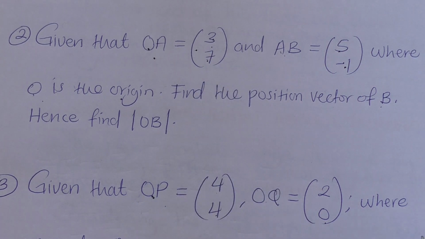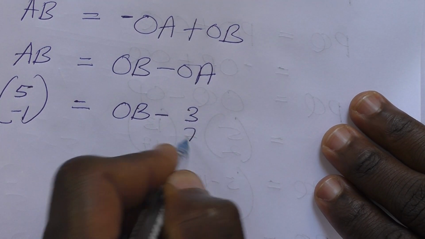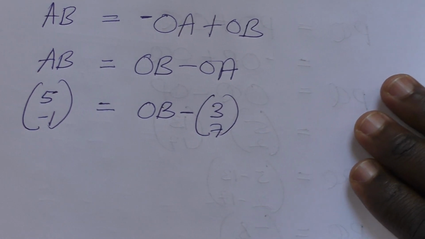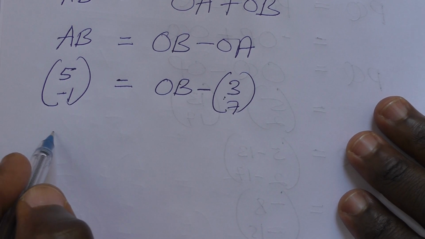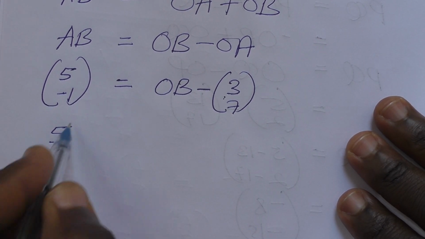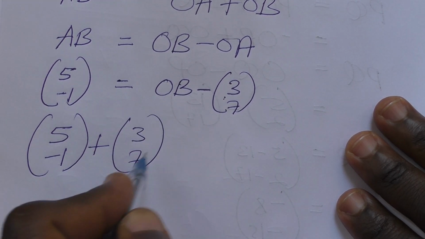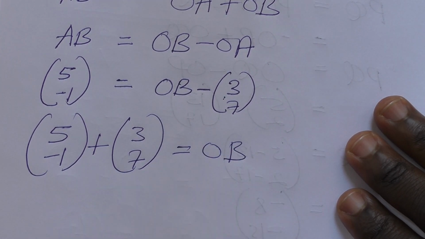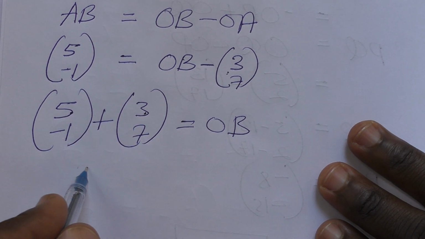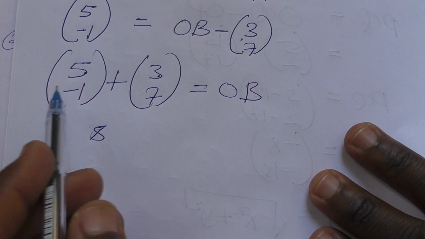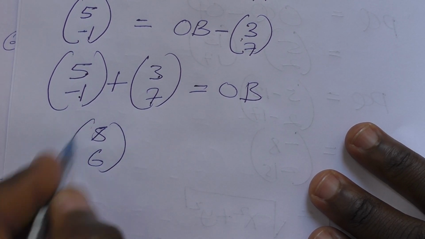OA is (3, 7), so minus (3, 7). Then we shall take this one to the other side, so that we get (5, -1) plus (3, 7) gives us OB, which gives us 5 and 3 is 8, negative 1 and 7 is 6.